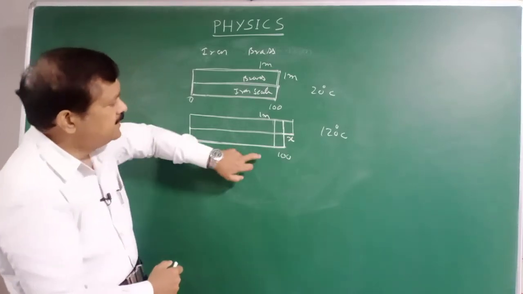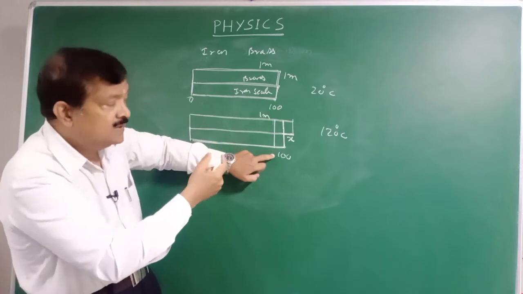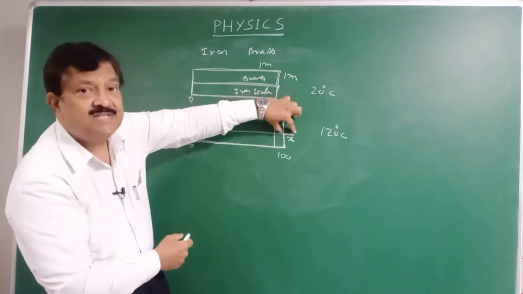So when compared with this iron scale, the length of the brass rod is more by a value equal to x.